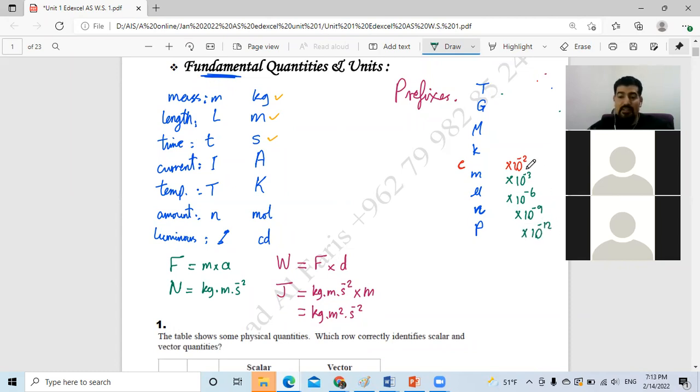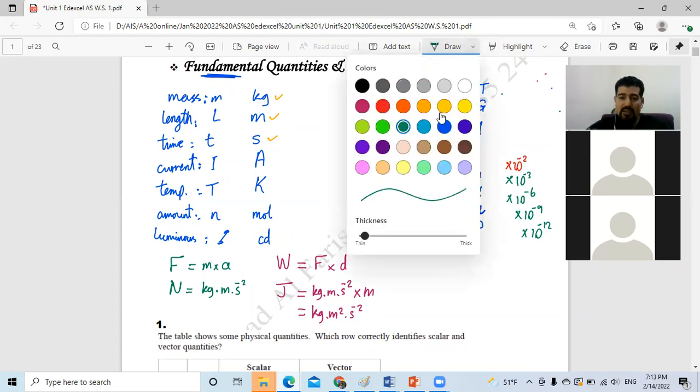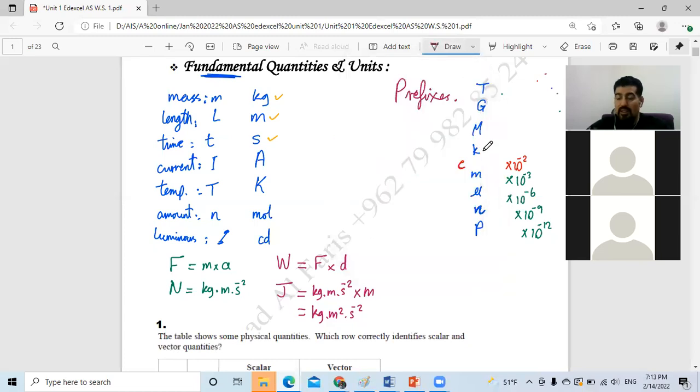These prefixes, you have to know them before you go to unit 1 or unit 2. On the other hand, we have kilo, mega, giga and tera. Kilo is a big value, which is 10 to the power of 3, 1,000. Mega means a million, multiplied by 10 to the power of 6.